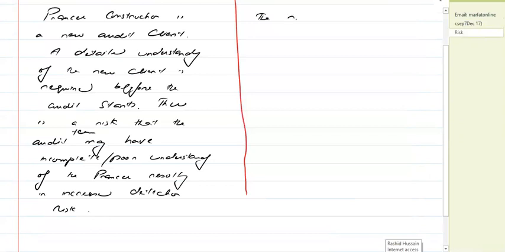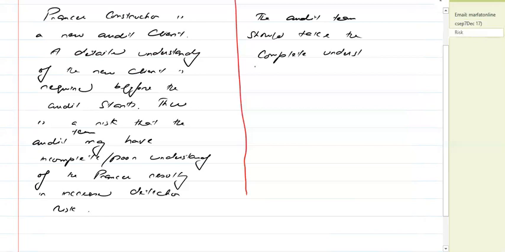The audit team should take the complete understanding of the entity.